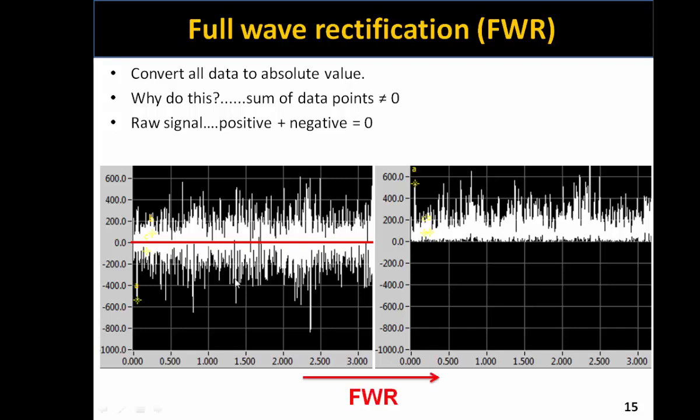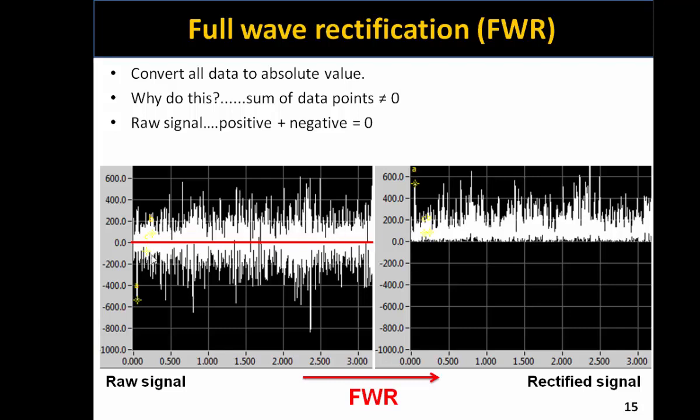So here we see a raw signal, full wave rectification. We're moving from this signal to the right, which transforms our raw signal to the rectified signal, in which every single collected data point appears as a positive value. All the positive values remain as positive values.